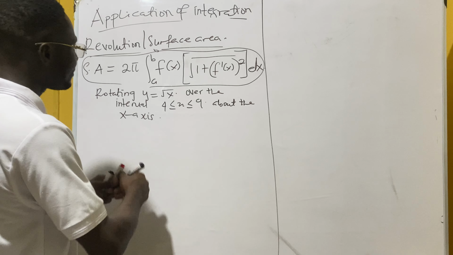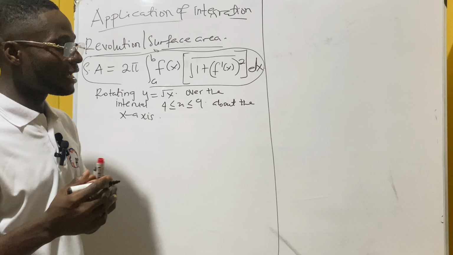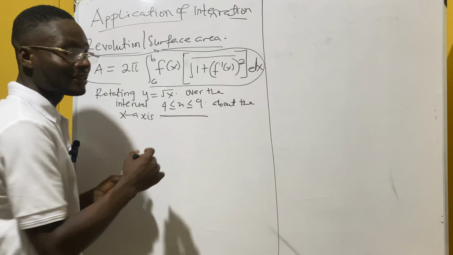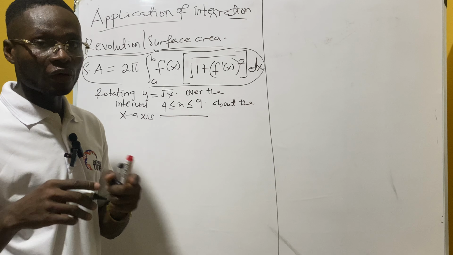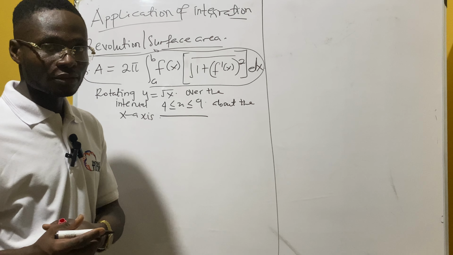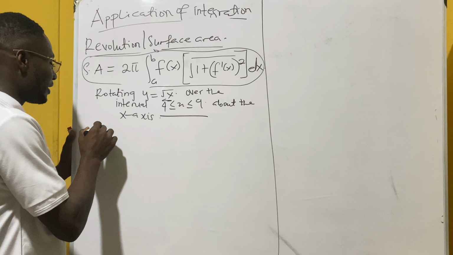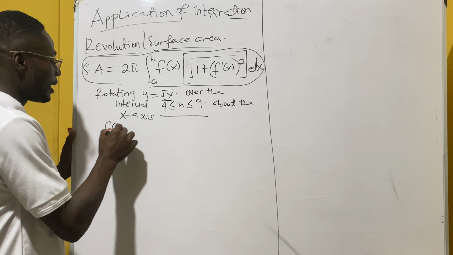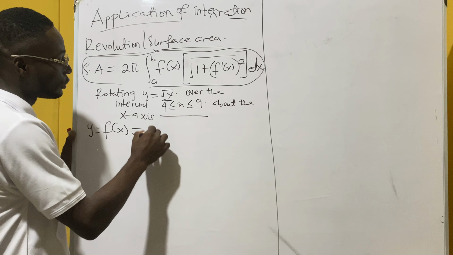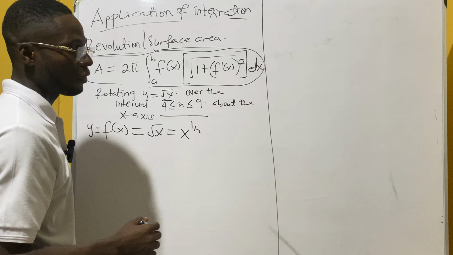With this problem, we have y equals root of x that has been rotated over this interval, 4 less than or equal to x less than or equal to 9, about the x-axis. So y equals root of x is basically f of x, and f of x is equal to y, which is equal to the root of x, that is x power half.